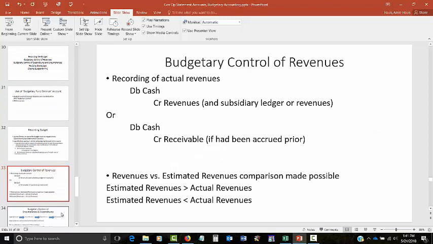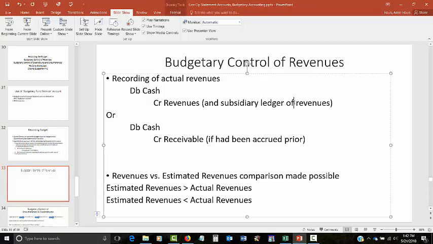We will be able to use this information when the actual revenues come in the door. We have journal entries to do for those. So if we are receiving cash, we would debit cash and credit the revenues and the subsidiary ledgers of the revenues. And that should say of and not or.